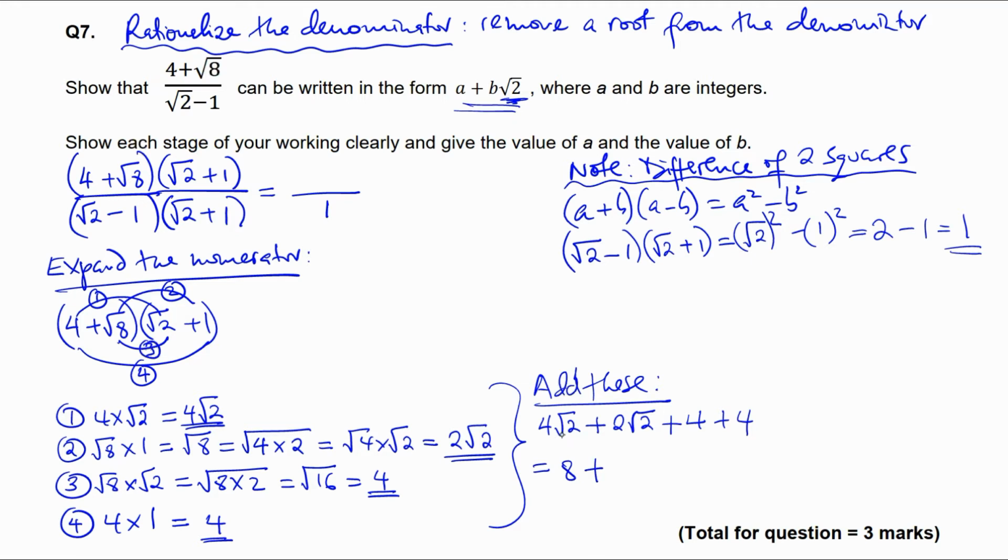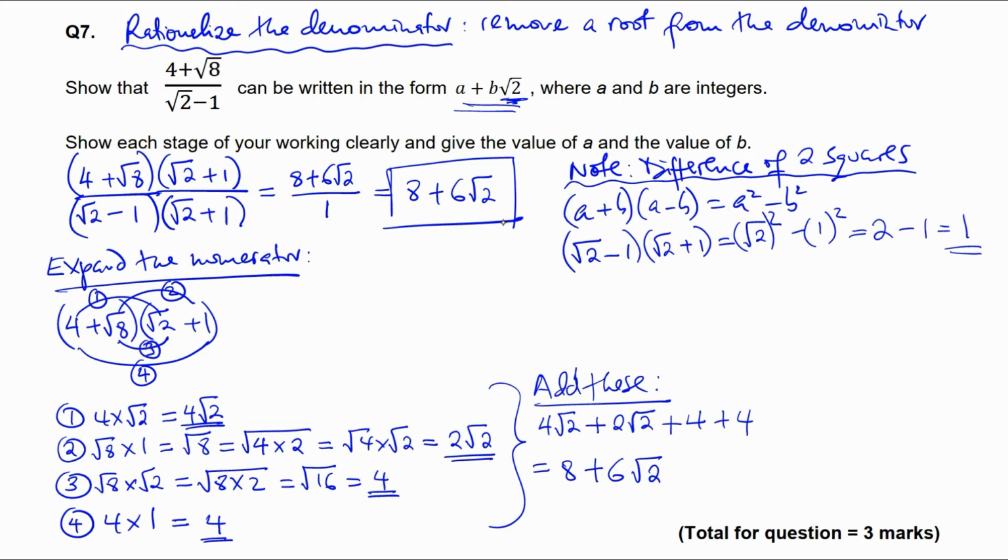And then 4 root 2 plus 2 root 2 will be 6 root 2. Okay, so our numerator is 8 plus 6 root 2. And you can see that this is the required solution. Yeah, and that's how you work out this question.